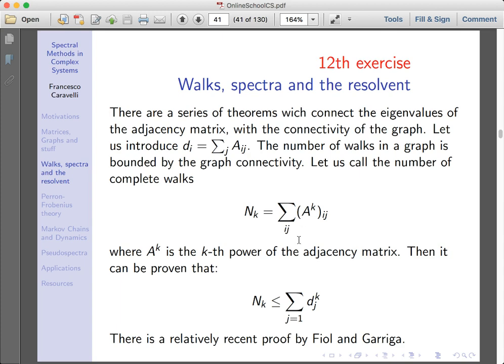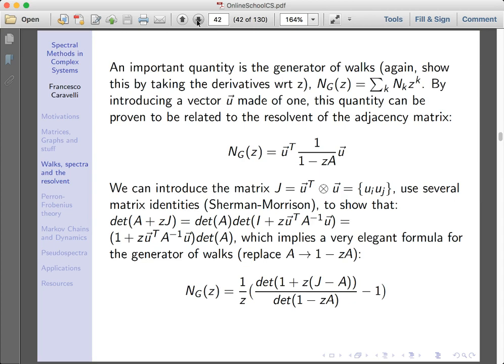Okay. Now that we have defined N_k, let's introduce the generator of walks. Given a certain parameter z, it's basically the polynomial where you multiply N_k with z to the k and you sum over k. Okay, so why is this of any use?